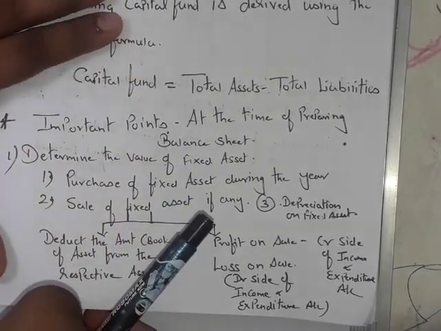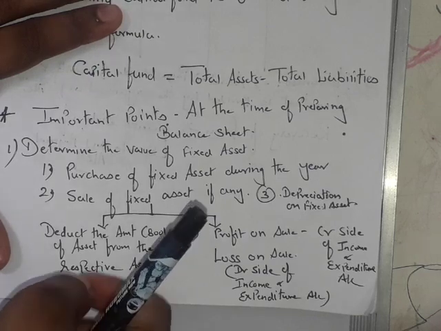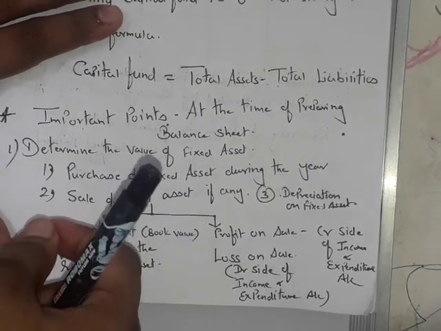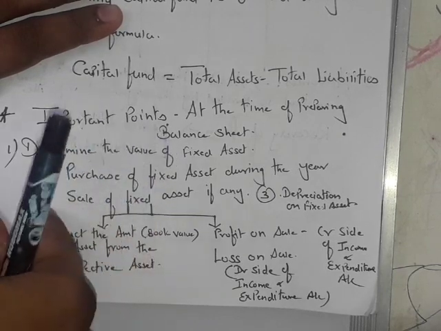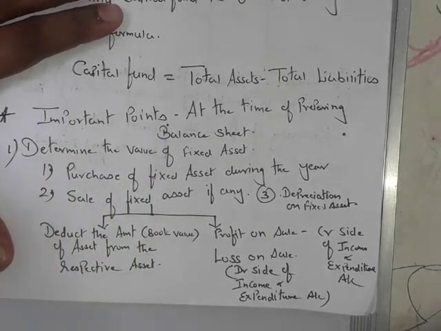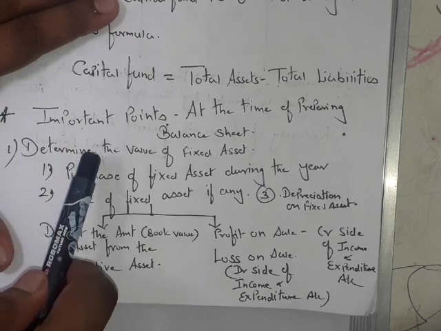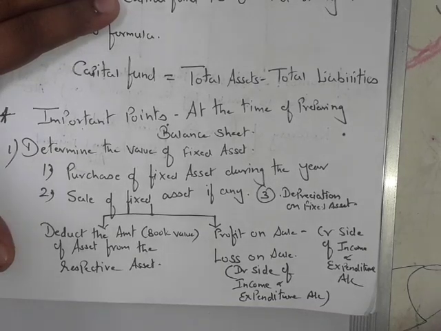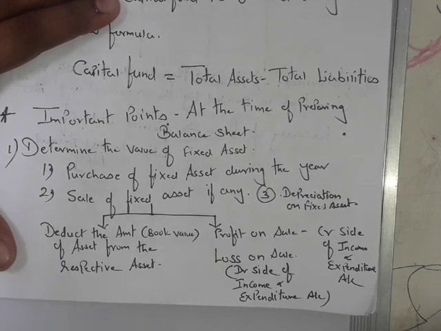So you must be in a position to ensure what needs to be taken care of at the time of preparing the balance sheet. The first and foremost is that you must be able to determine the value of your fixed assets. For determining the value of fixed assets, you should take into account three important factors.